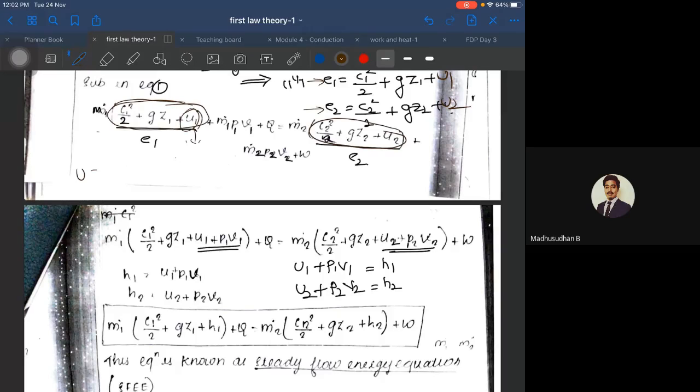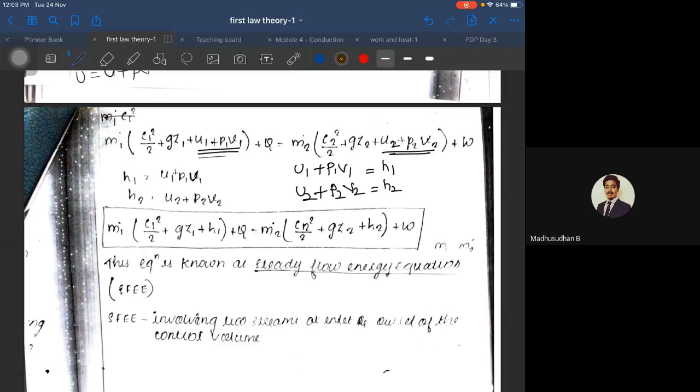Remember, it is U plus PV, which is H. So the same thing you have substituted here: U1 plus P1 V1 and U2 plus P2 V2. Once U1 plus P1 V1 is H1 and U2 plus P2 V2 is H2, we can assemble this and substitute it as the enthalpy at the inlet, and here also assemble this and substitute it as the enthalpy at the outlet.